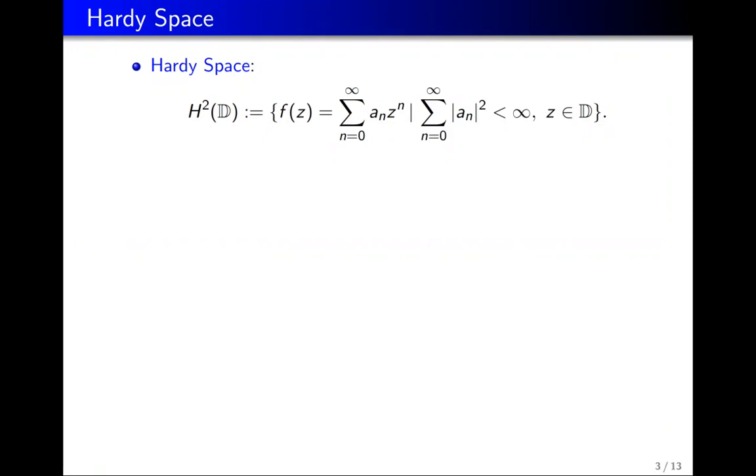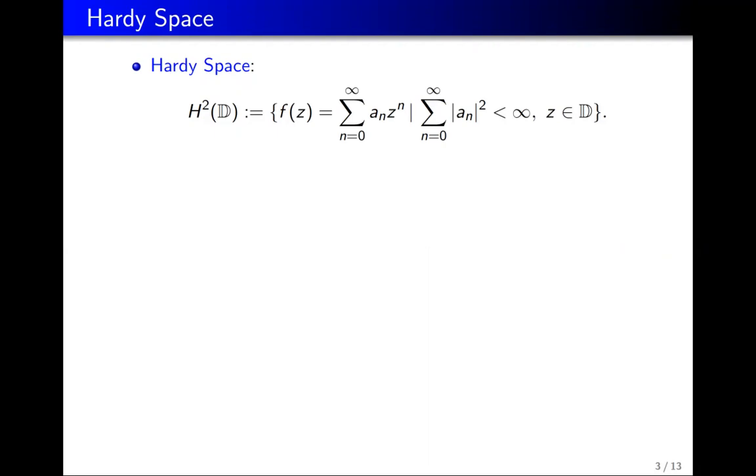So in other words, one can clearly identify this space H2(D) with little l2, the space of all square summable sequences, by sending such an f to its power series coefficients, the sequence a_n. That defines a unitary correspondence between this Hardy space and little l2. So if you haven't seen this Hilbert space before, you can think of it as little l2.